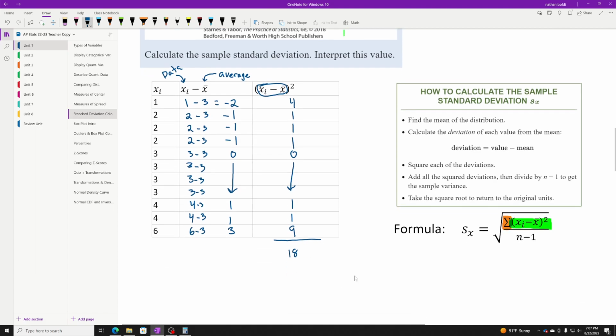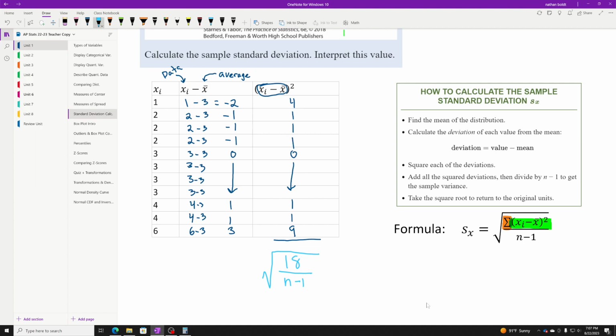So inside of this square root, all of that is 18. We still have to divide that by n minus 1, and then take the whole square root of it.